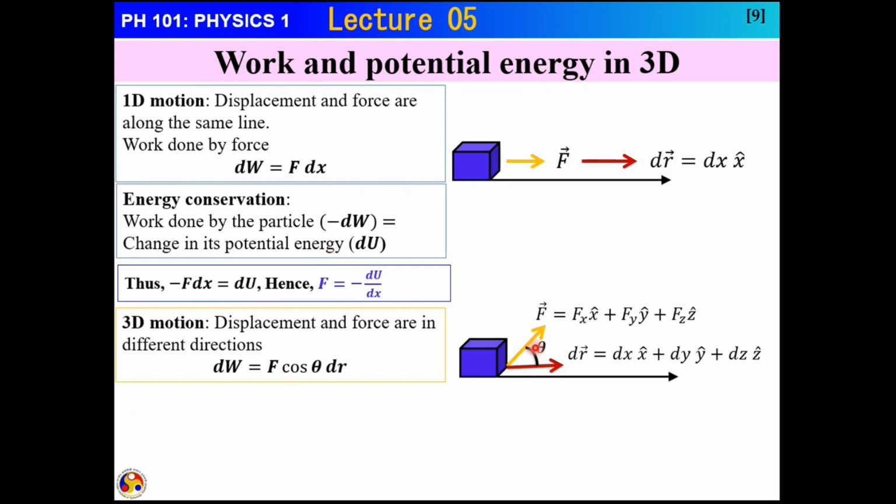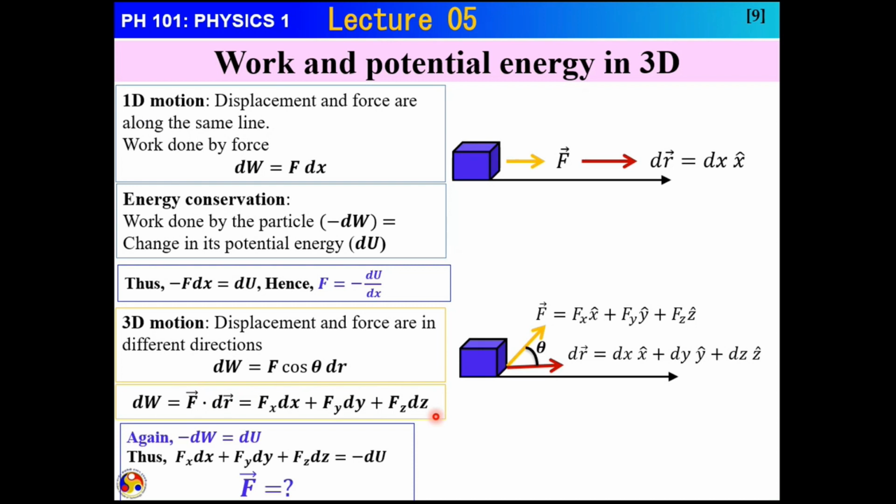For example, if the angle between them is theta, this is going to be F cos theta dr. Written in a different form, it is F dot dr, the force vector dot the displacement vector.